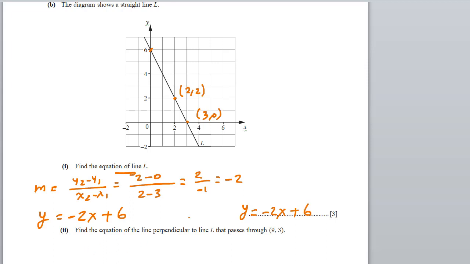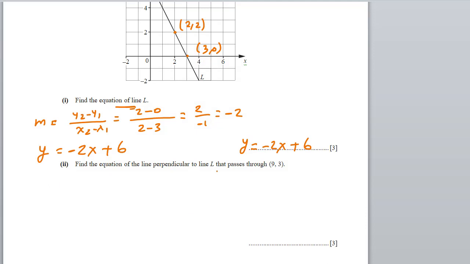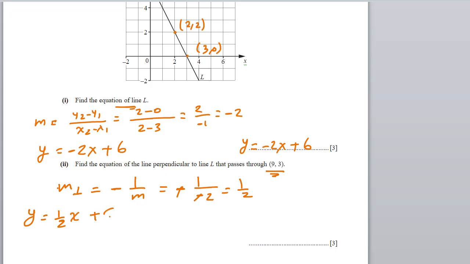Find the equation of the line perpendicular to L and passing through 9 and 3. The m perpendicular equals minus 1 over m. So it would be minus 1 over minus 2. So it will be half. So y equal to half x plus c.